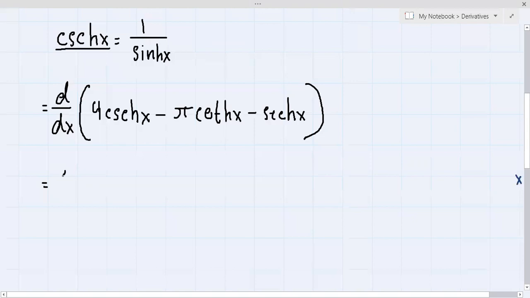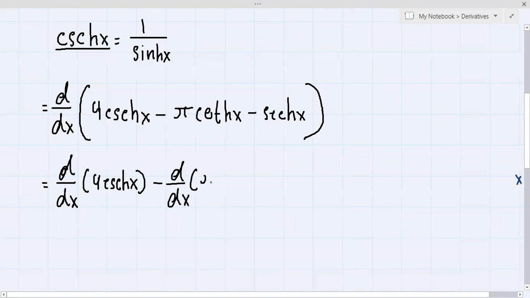So, we will have the derivative of 4 times cosecant hx, minus the derivative of pi times cotangent hx. Then, last but not least, minus the derivative of secant hx.